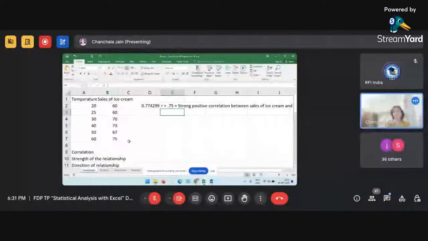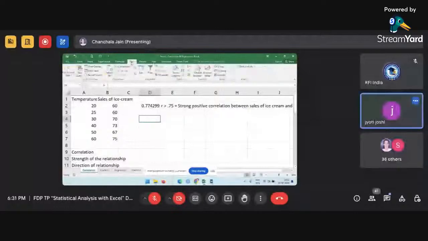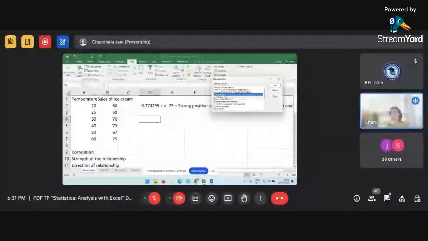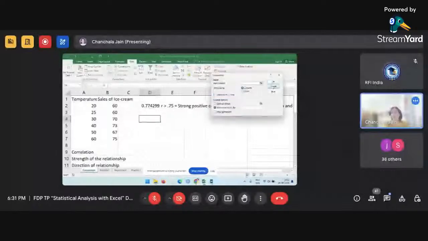May I explain the next way? Yes, madam. For that, you need to go to the data tab, click on the data tab, and go to the data analysis toolpack. There you can find the correlation test is available. Select correlation and click on the OK button. It is asking you to provide the range of your data.